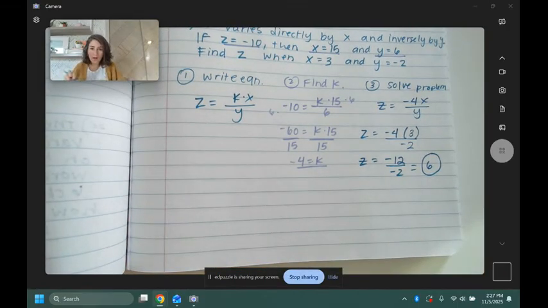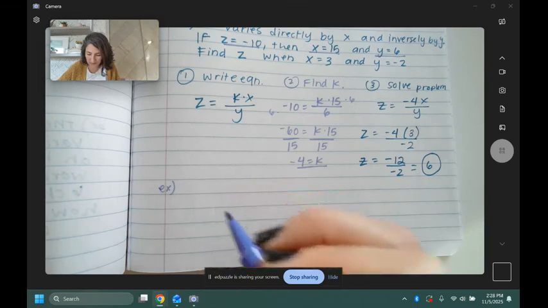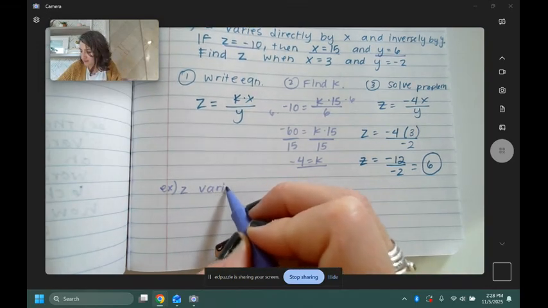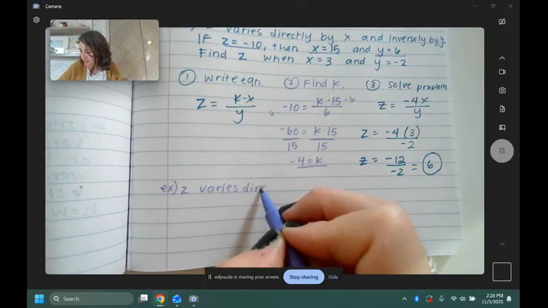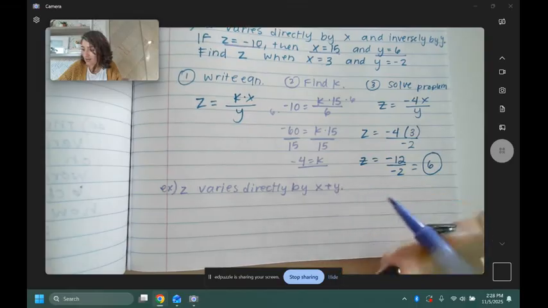Let's do that one more time just to make sure we've got it. I'll try to write this a little bit smaller. Z varies directly by x and y.